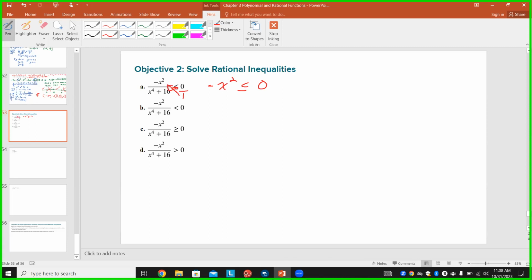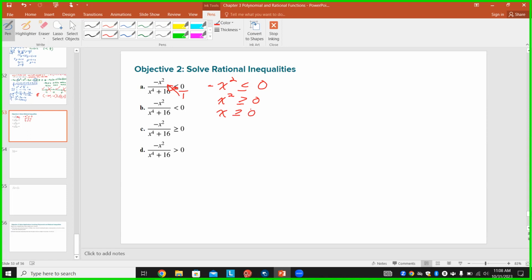So I solve rational equations and inequalities. Yep. So that would have to divide by negative or multiply by negative. But when I do that, this gives me now a greater than or equal to 0. Now what would I do? Square root it, which is still just going to be 0.